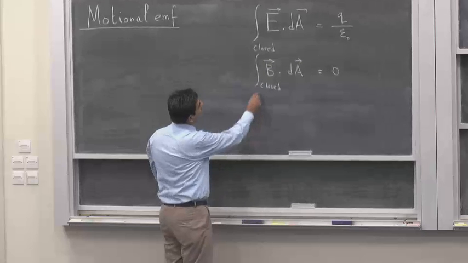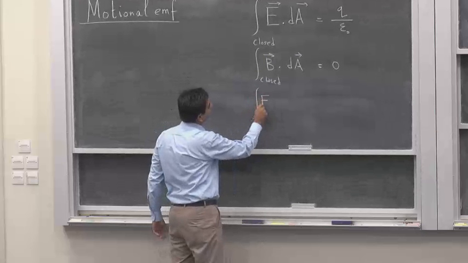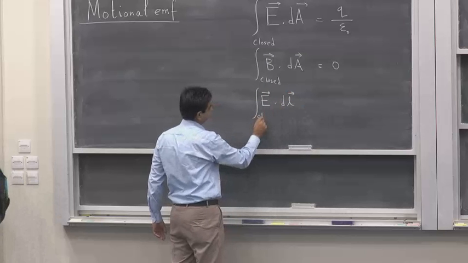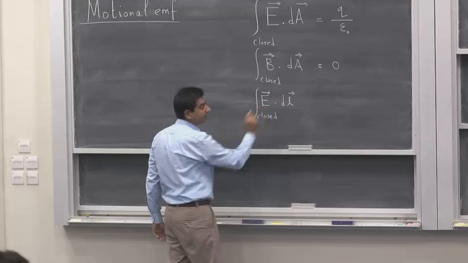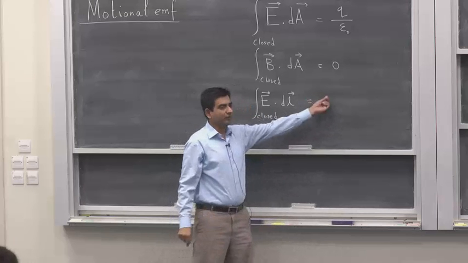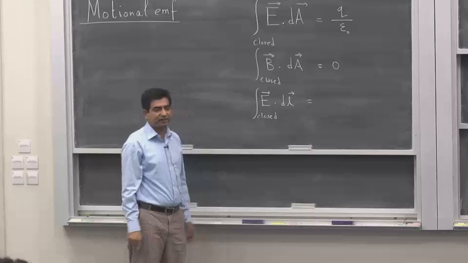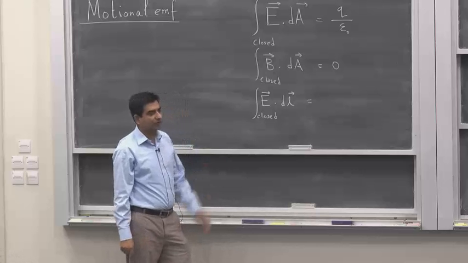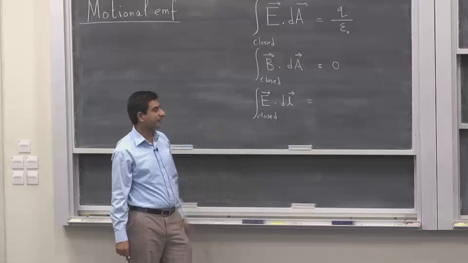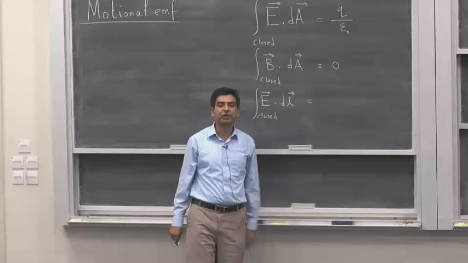Then we also have the relationship that E dotted with dl over a closed path equals 0 if we just have a conservative electric field, but if we also include the effect of a time varying magnetic field, it produces a non-conservative electric field. So this right hand side is not really 0.